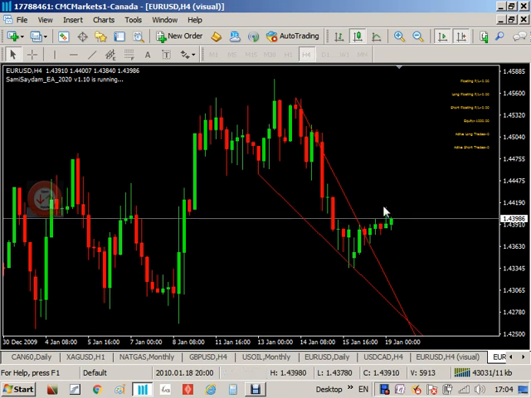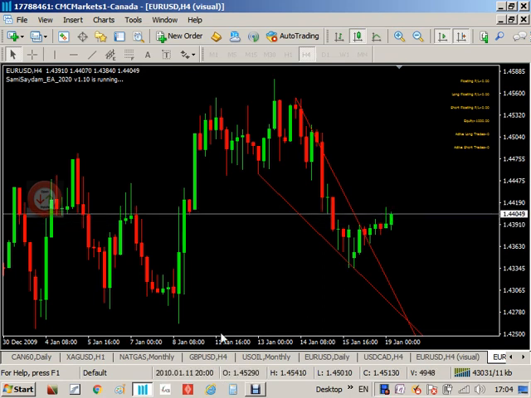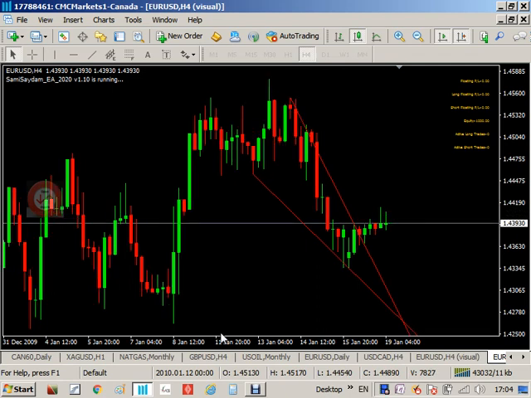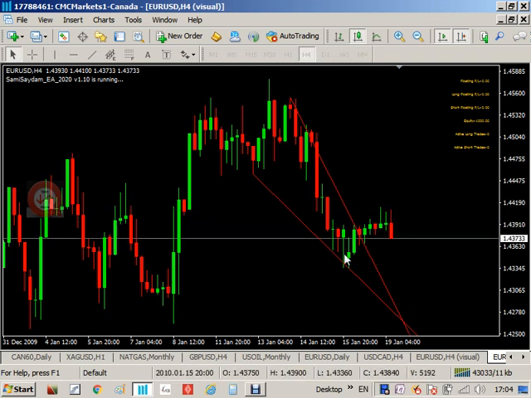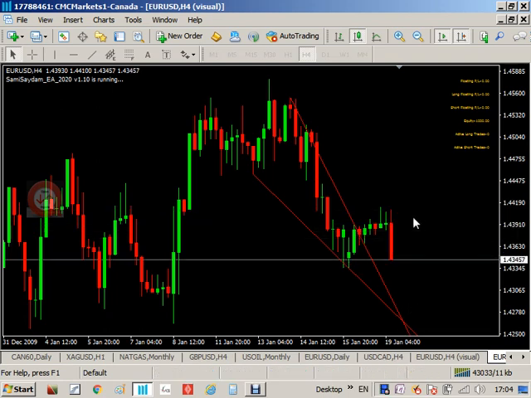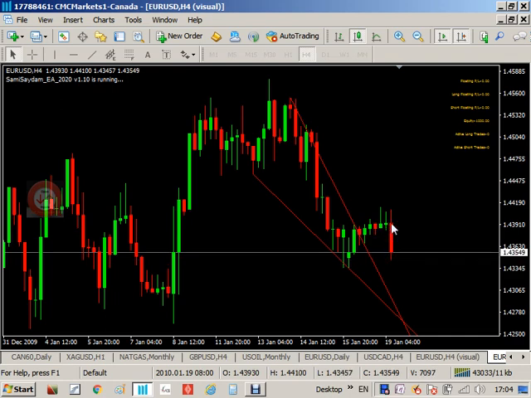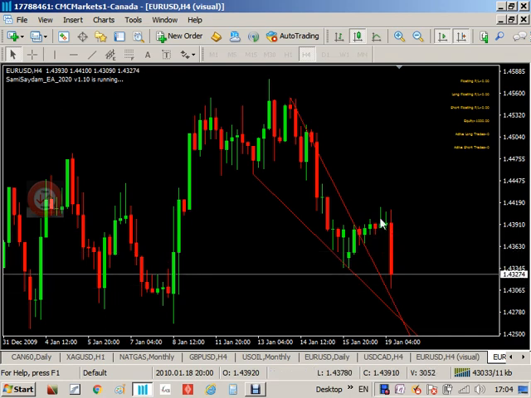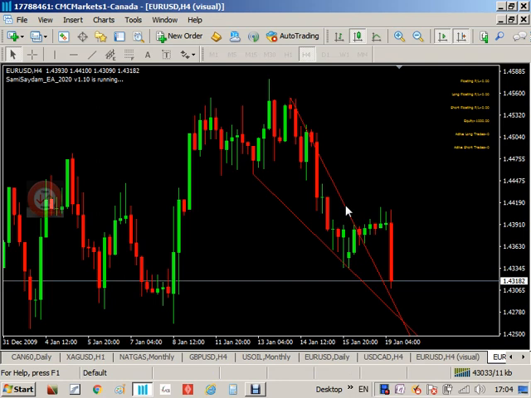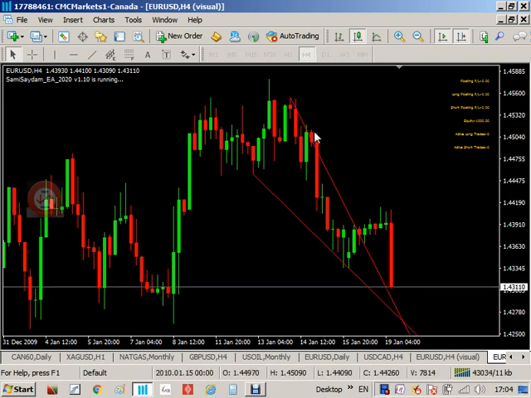But we also have to add more indicators to support those bars, or to support my indicator. You see here, whatever is happening, it is still over the resistance.